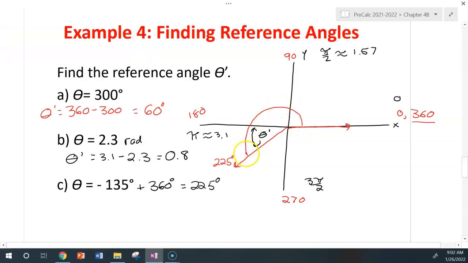And all the way around, that's theta. I'm going to put theta over here, and the reason for that is that we started off with a negative angle. All right, so there's our reference angle.